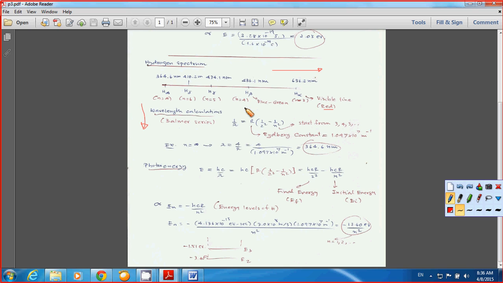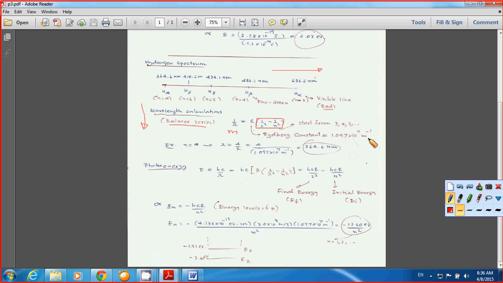We already have our equation for wavelength calculation. This is the Balmer series: 1 over lambda equals R multiplied by (1 over 2 squared minus 1 over n squared), where R is the Rydberg constant, equal to 1.097 × 10^7 per meter. Of course, lambda has to end up with the unit of meter, and the bracket has no unit, so R has to have the unit of 1 over meter.